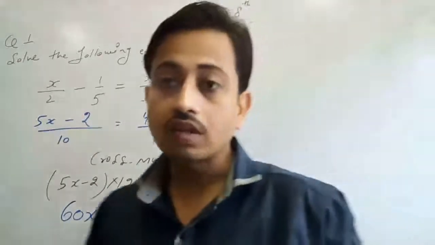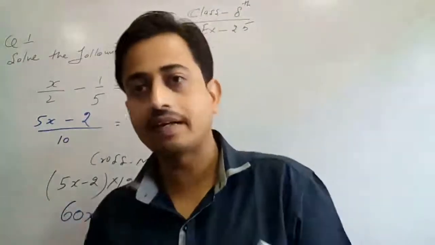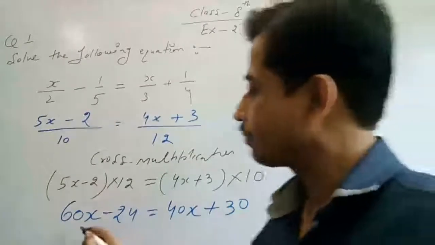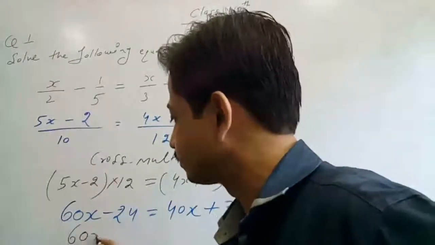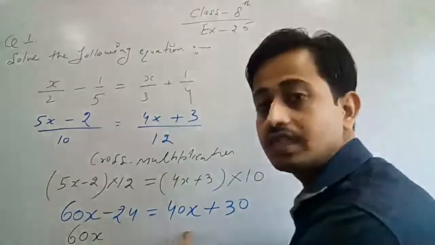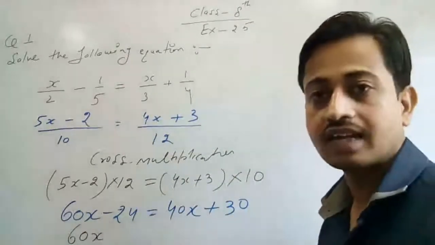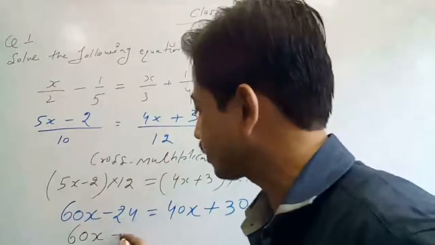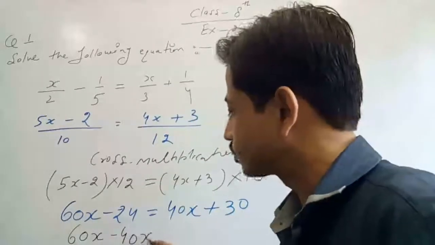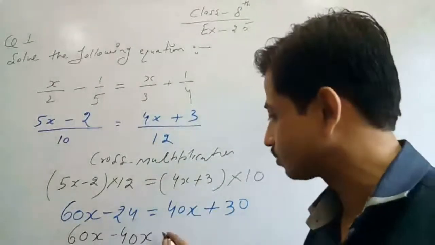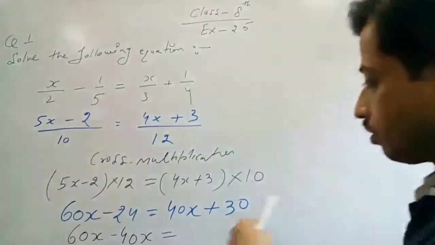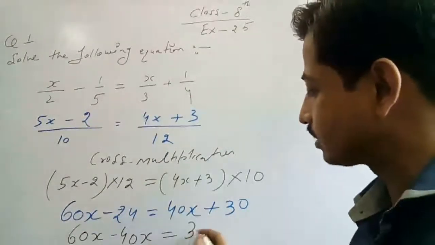Now we have to solve for the value of x. So separate the terms. Here I am writing 60x as it is, and 40x goes to the left hand side. The sign of 40x becomes negative if I take it to the left hand side. So I get here minus 40x. Now this 30 is as it is.